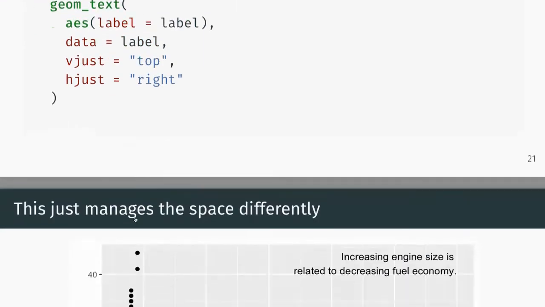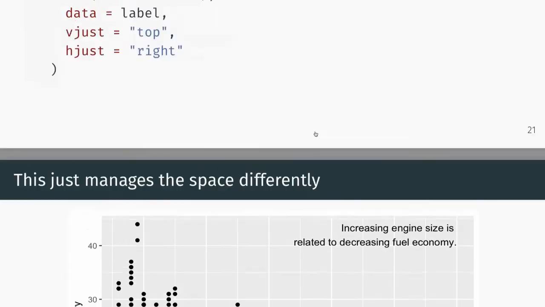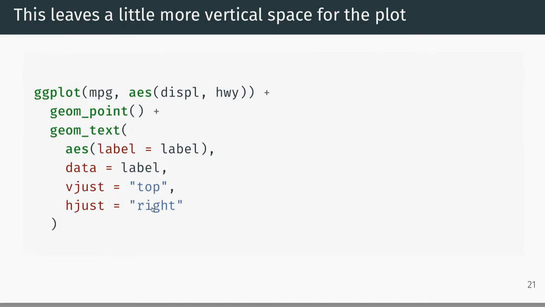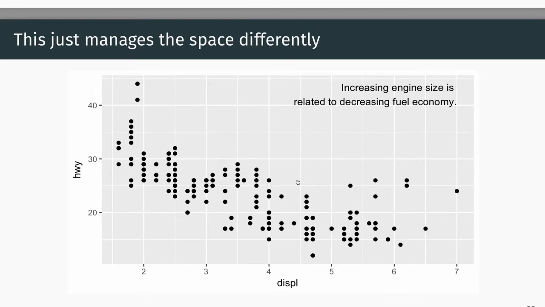But the precise position depends on this value here, the maximum x value, and this value here, the maximum y value. But when I say it's in the top right corner, this vjust and hjust have each 3 positions. Vjust can be top, center, and bottom, I guess, and hjust can be left, right, and center. So we can put a general placement of it and then a specific placement of it.